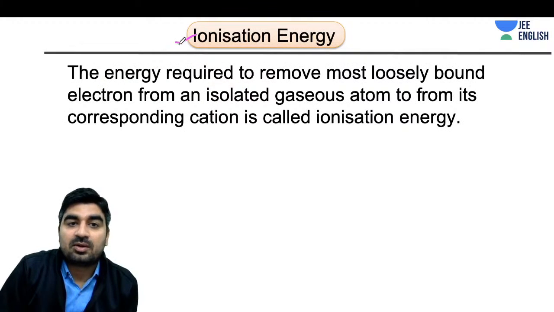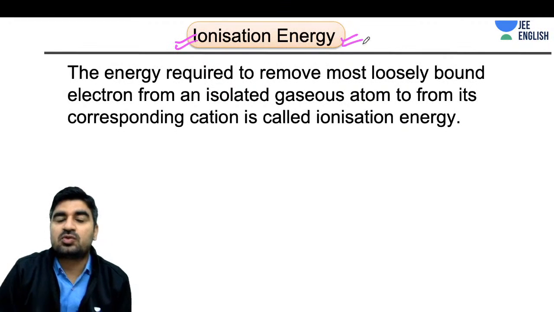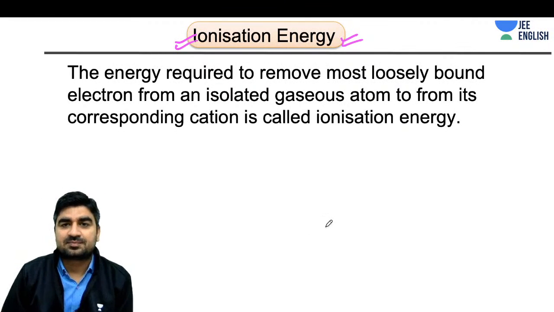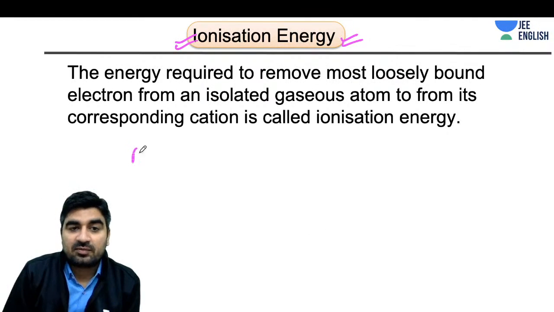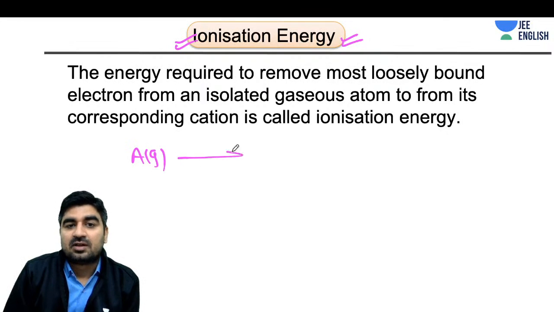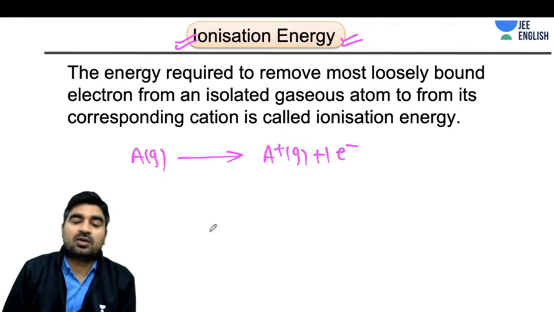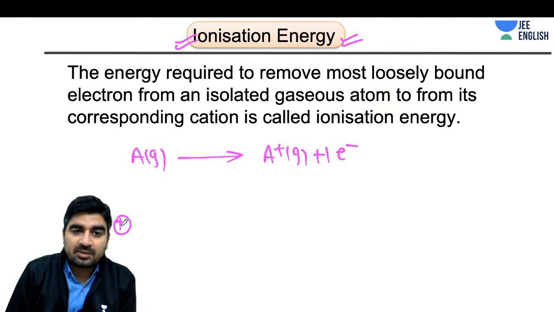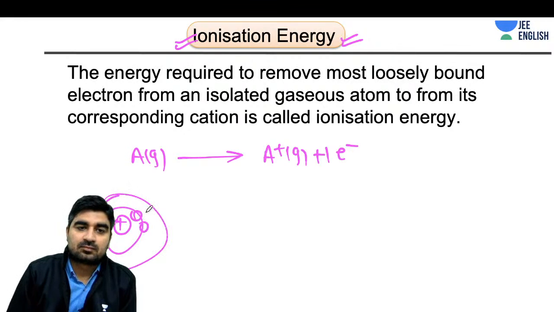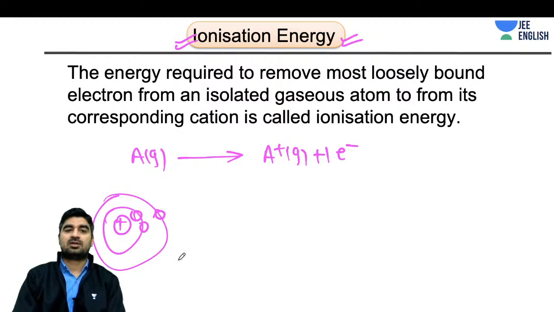So if I talk about the ionization energy, what do you mean by ionization energy? If we have a gaseous atom and I want to remove an electron, then what will I have to do? Suppose I am taking sodium or lithium.